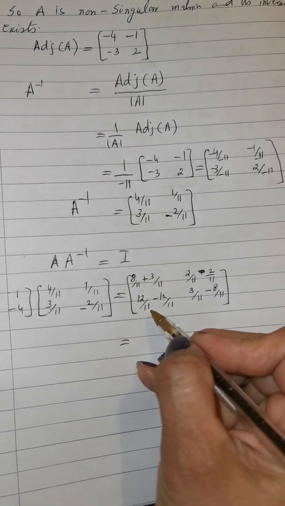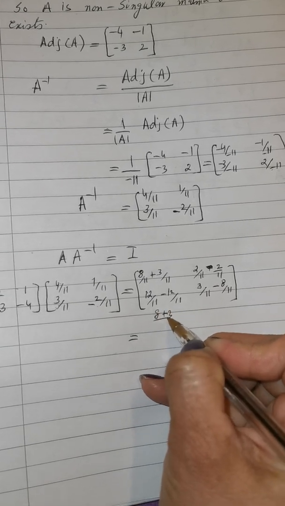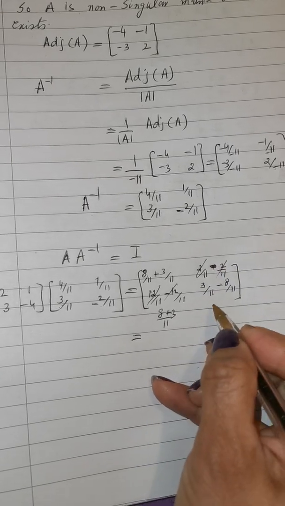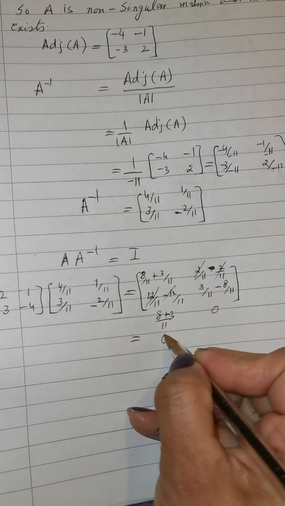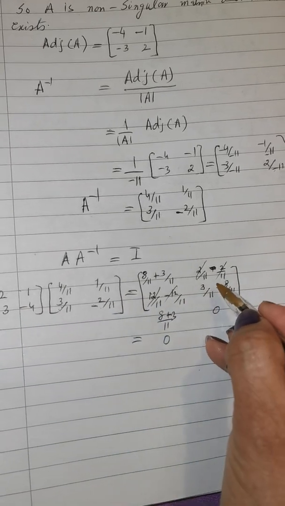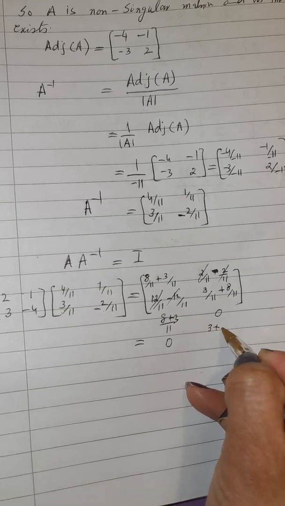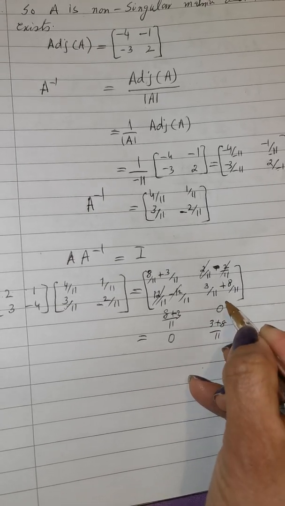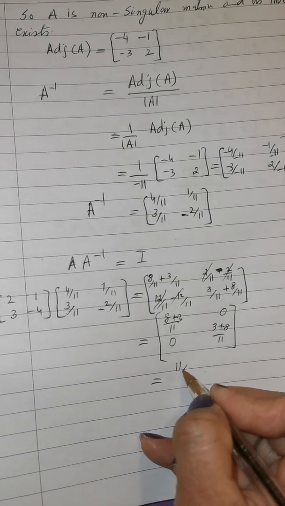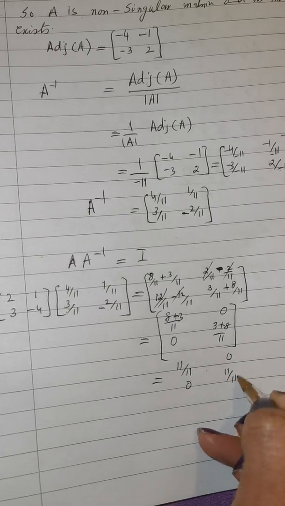Now you can check when we take the LCM. This will cancel, this will cancel. Here is 0 0, and here again minus multiplied by minus will be plus, right? So 3 plus 8 over 11, like that. Now you can check 11 by 11 and 0 0 and 11 by 11.